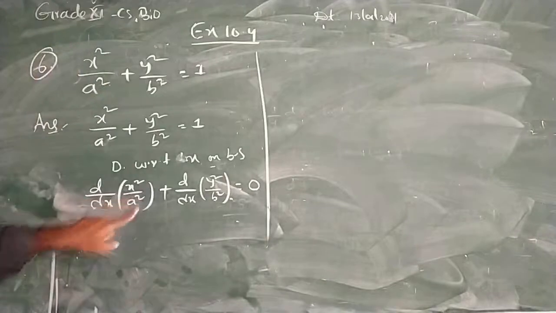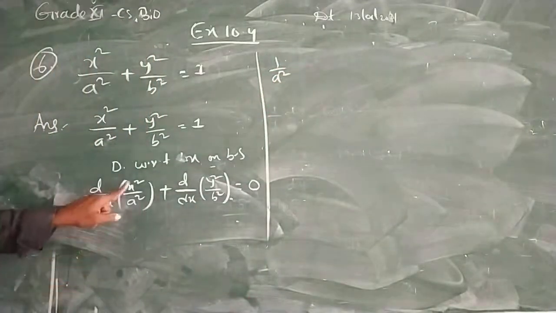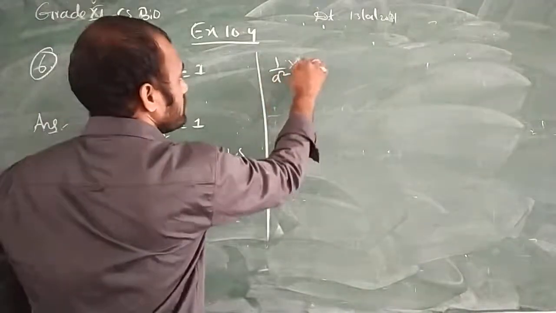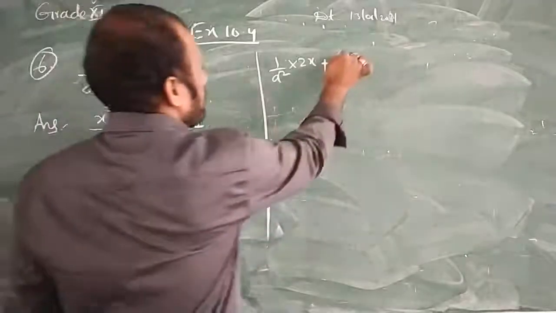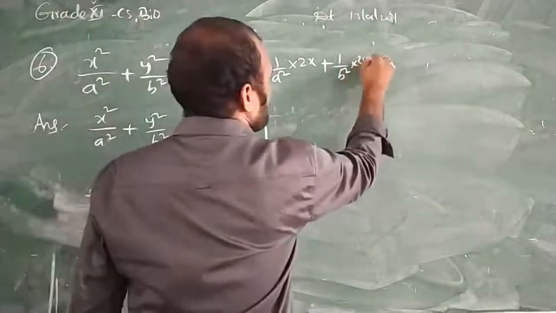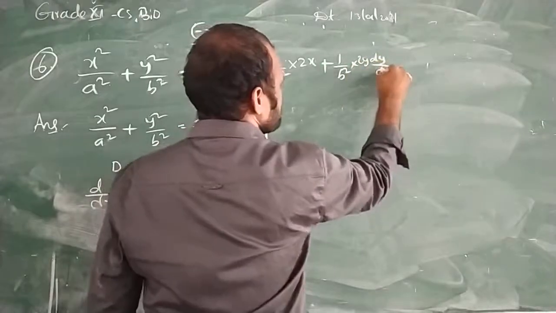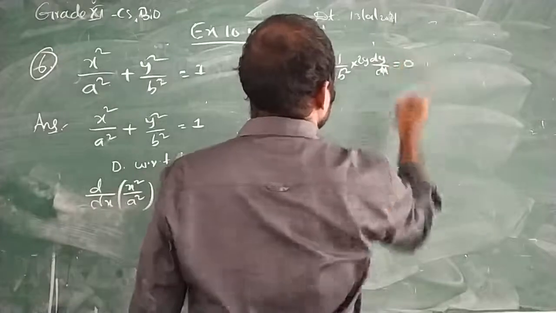Now here 1 by a square is a constant term, so the derivative of x square is 2x, into 2x, plus 1 by b square is common, and the derivative of y square is 2y dy by dx, equals 0.